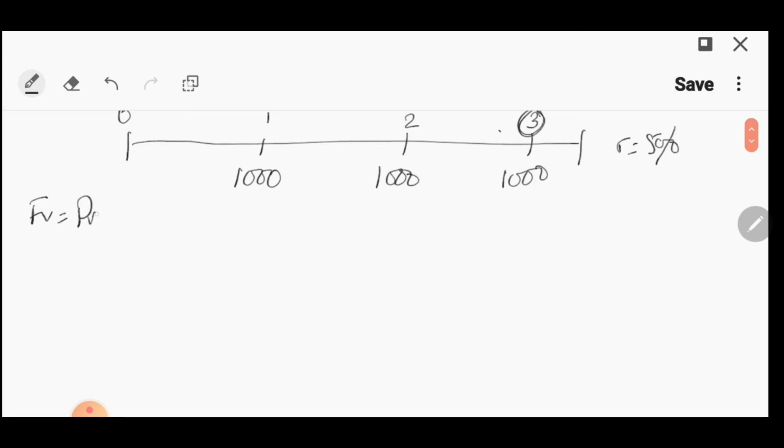Okay, so this is our timeline. We want to know the future value at this point 3 and the interest rate is 5%. Now this is the formula that you have studied so far to find the future value.